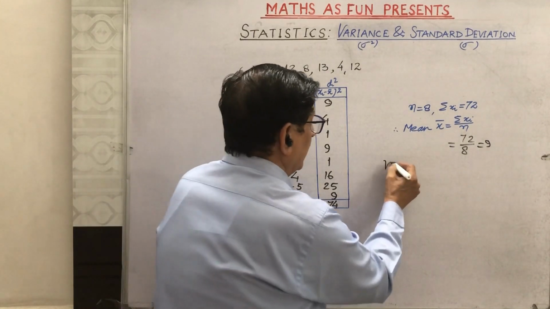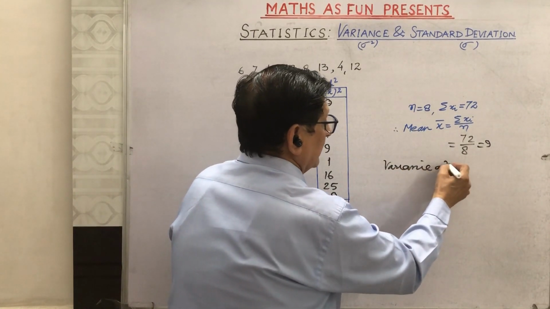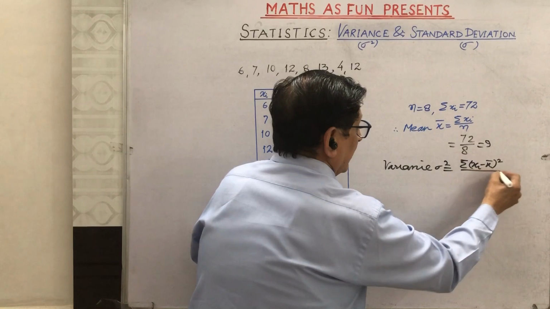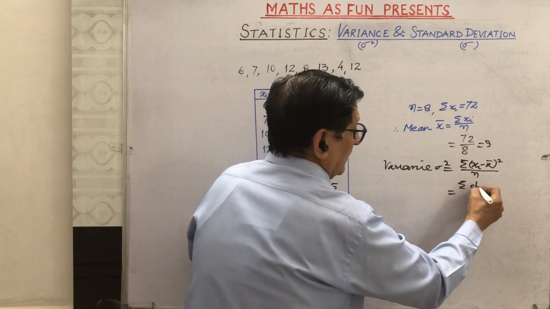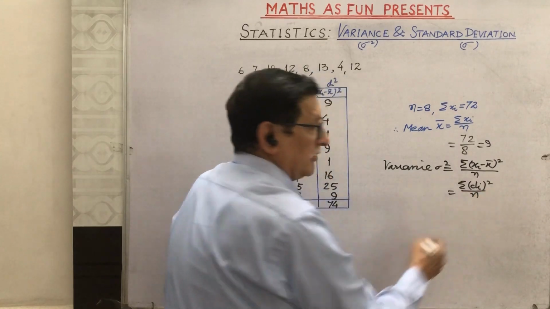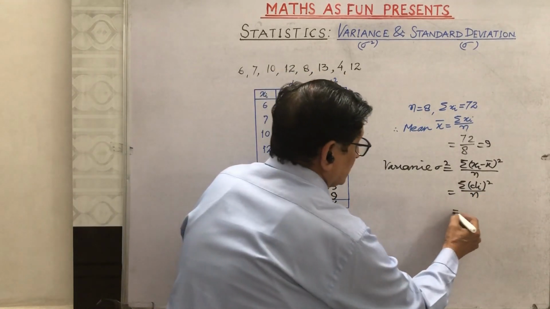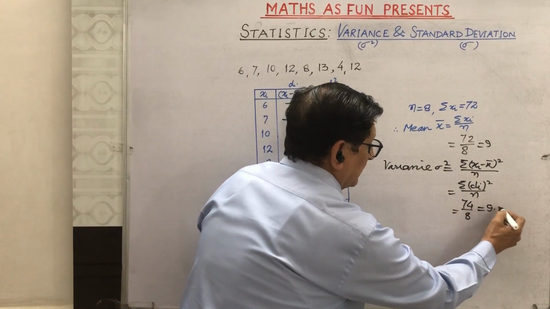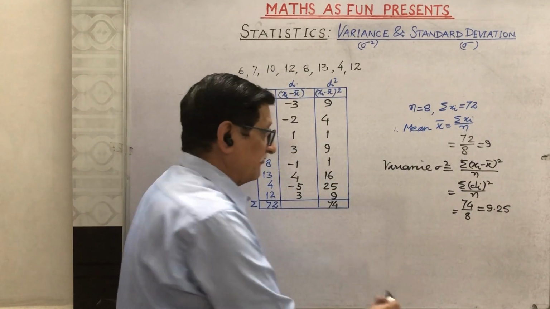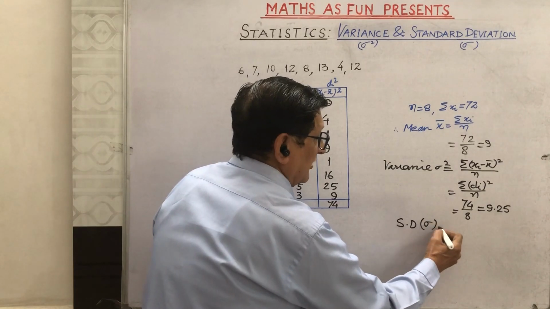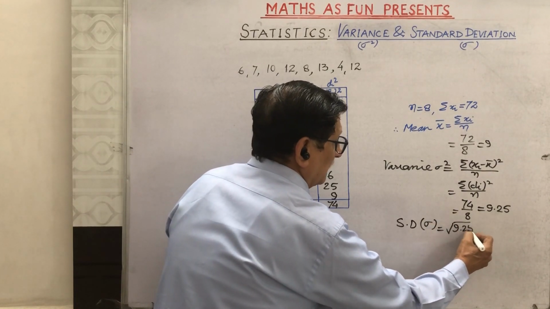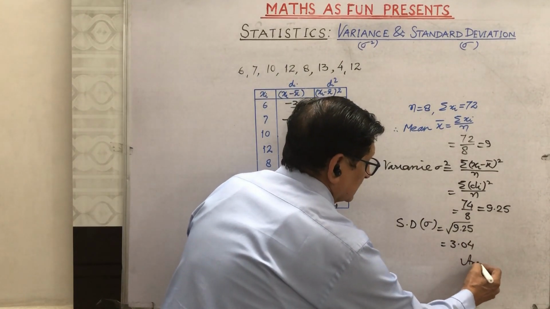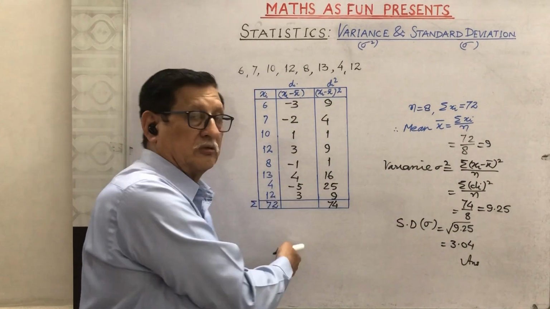And hence we can say that variance sigma square here will be sigma xi minus x bar square divided by n, or we say sigma di square divided by n. Sigma di square here is 74, divided by n is 8, comes as 9.25. And then we can say standard deviation sigma will be equal to root of 9.25, which is approximately 3.04. This is the standard deviation of this particular data.